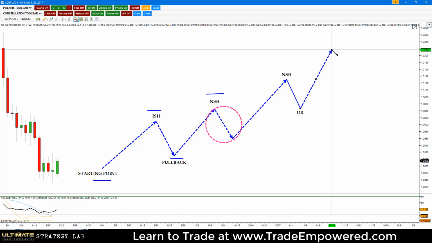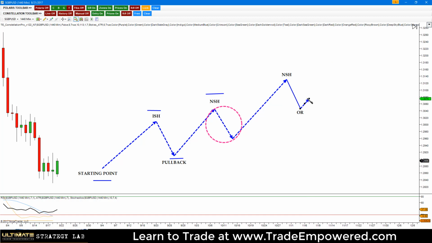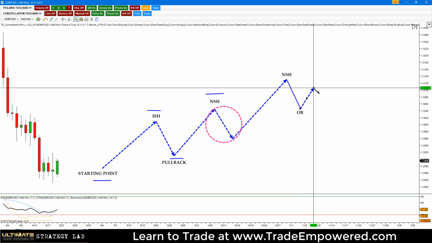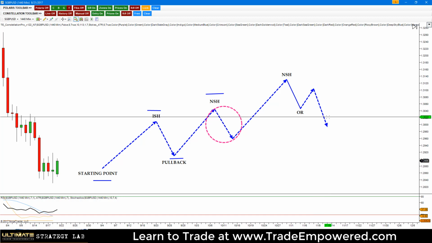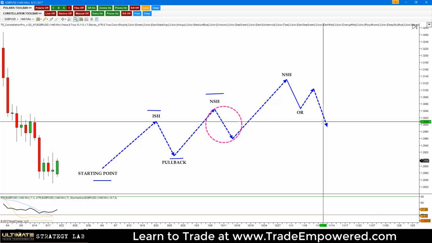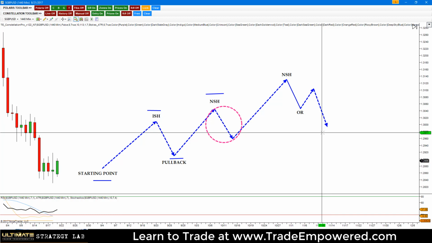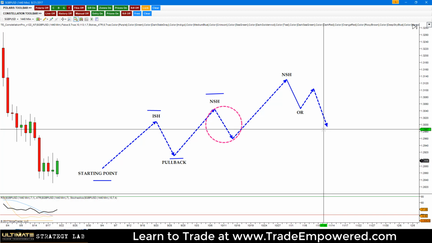This is simple. However, where we get confused is when the market does something like this. We start pushing higher, and we're like, okay, a new structure high is on its way. Let's go. And then the market does this, and you're like, oh, this is going to be a lower low.